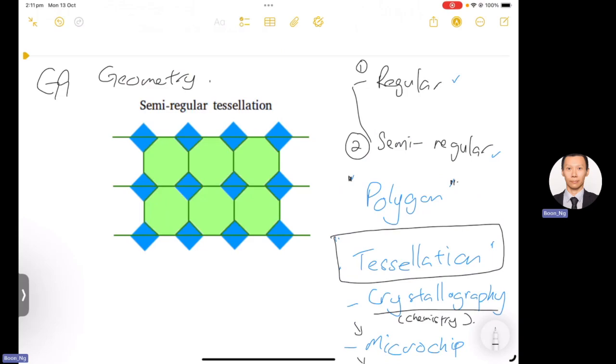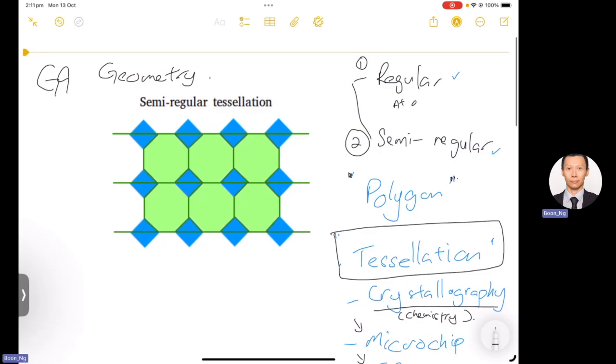So when we talk about a regular polygon, that means that the polygon at any vertex, the internal or interior angles, are congruent.